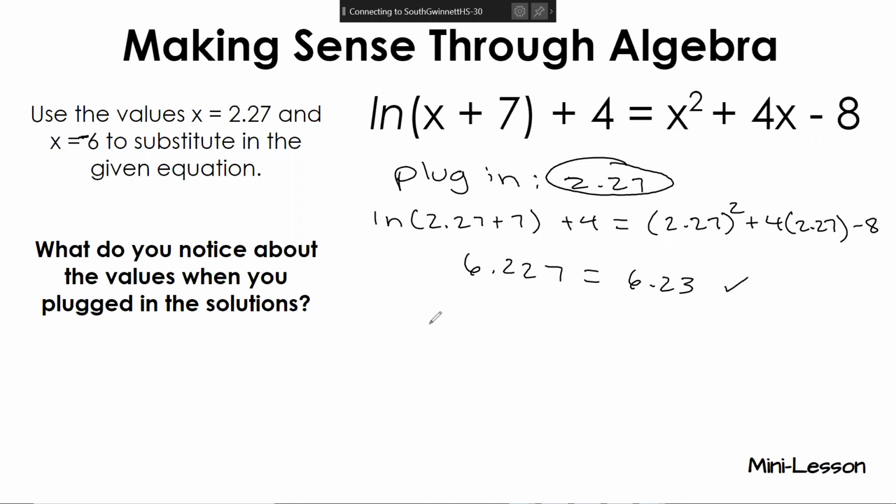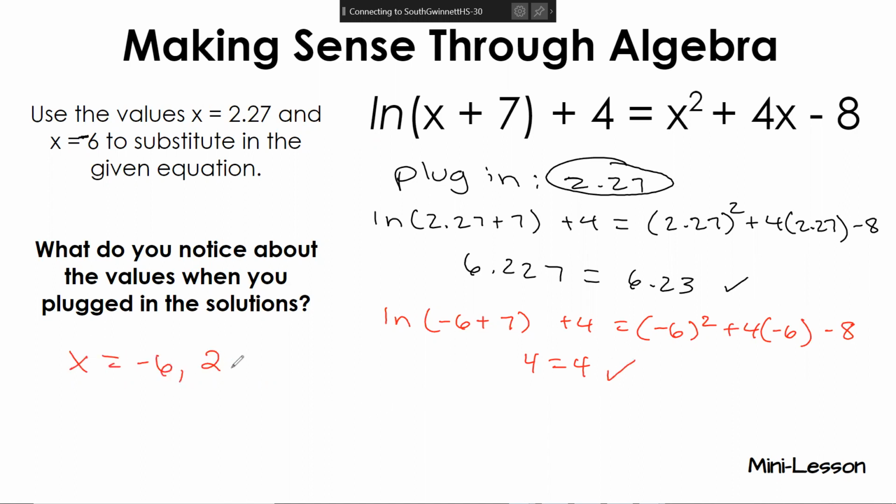When we plug in -6 into this equation and we simplify, so we plug into Desmos, we're going to get 4 equals 4, which are the same on both sides. So we know that x equals -6 and x equals 2.27 are the solutions.